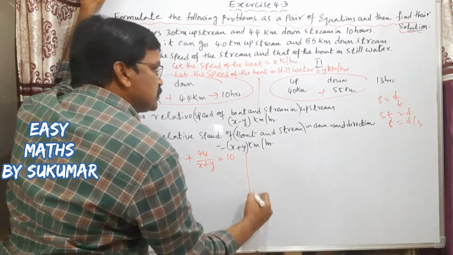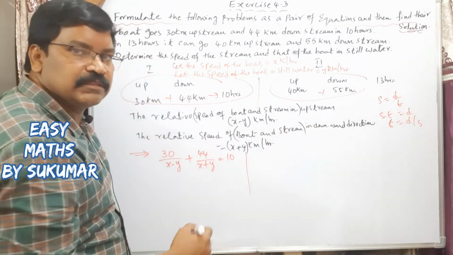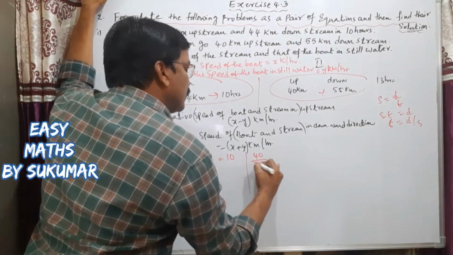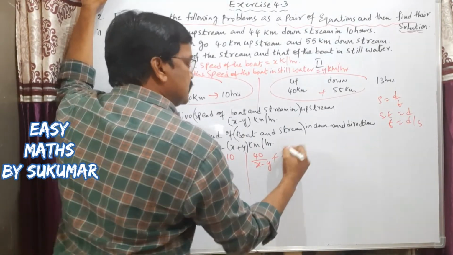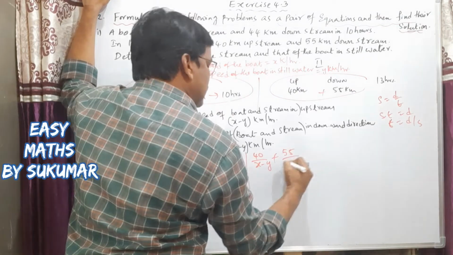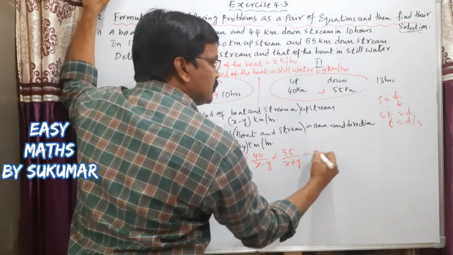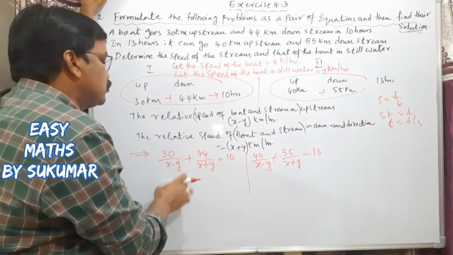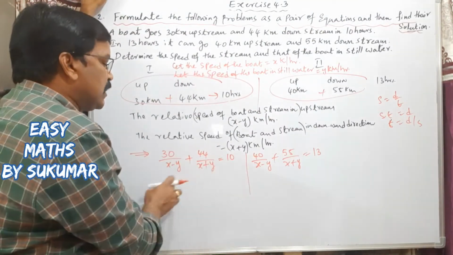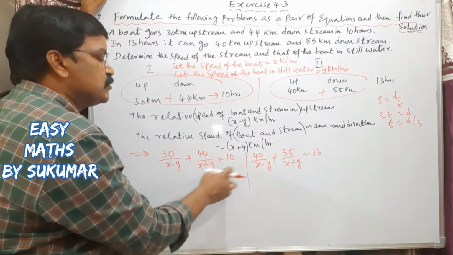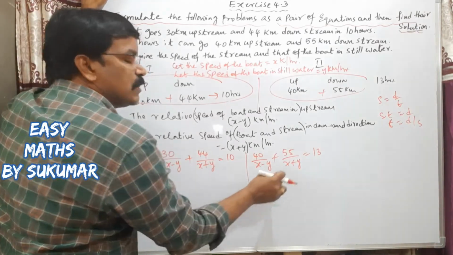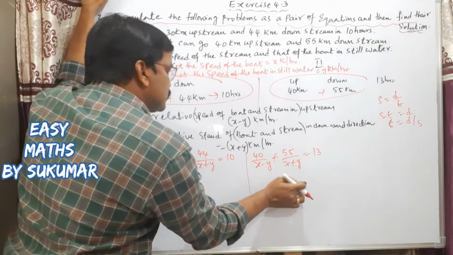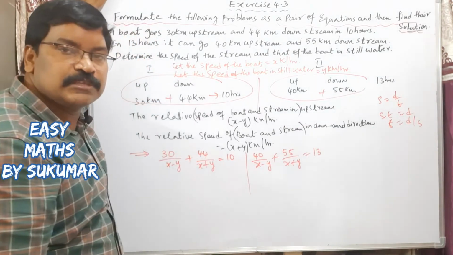Now the second situation: 40 kilometers upstream and 55 kilometers downstream, so 40 by x minus y plus 55 by x plus y equals 13 hours. Here we changed it into time: the time taken by the same boat in the two situations is 10 hours and 13 hours.